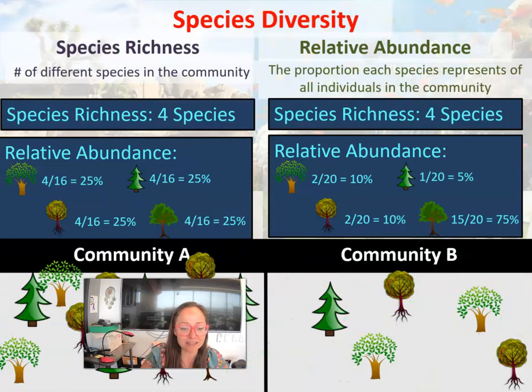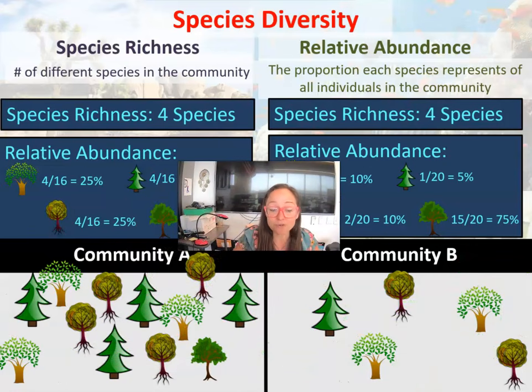Let's pretend that it kills off the oak trees, one of the types of species. What I find is that community A was more resilient to that invasive species simply because there was more evenness in the different types of species.